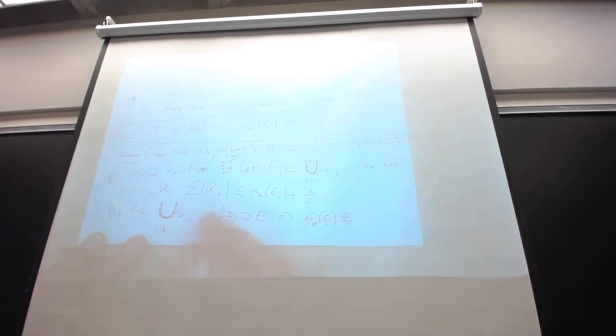Let's sum both sides of this. This is a sum over k. Now let's sum this over j. E is covered by these rectangles, and so mu star of E is at worst, because I've exhibited one such cover, and mu star by definition is the infimum over all possible covers.